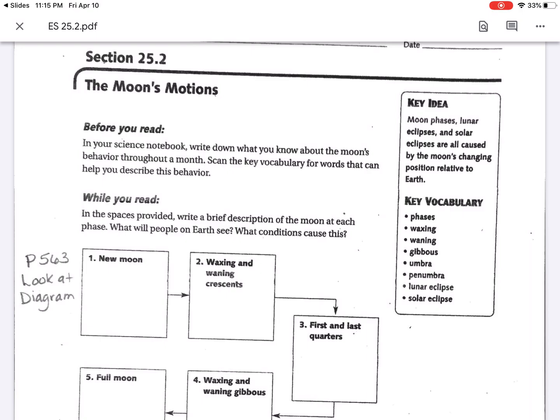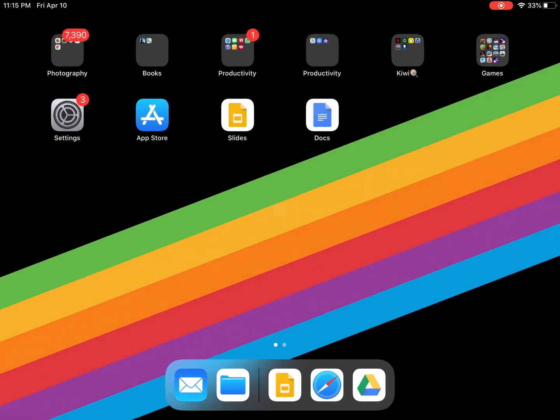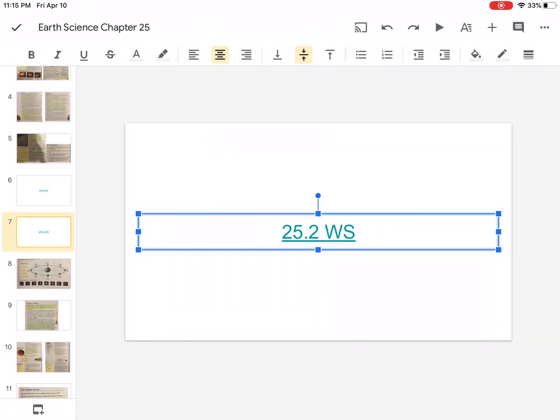Before you read in your science notebook, write down what you know. We don't need to do that. While you read, in the spaces provided, write a brief description of the moon at each phase. What will people on Earth see?